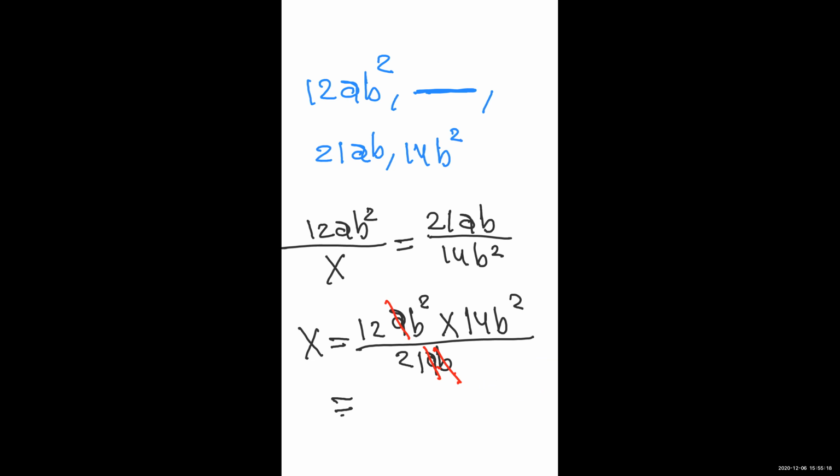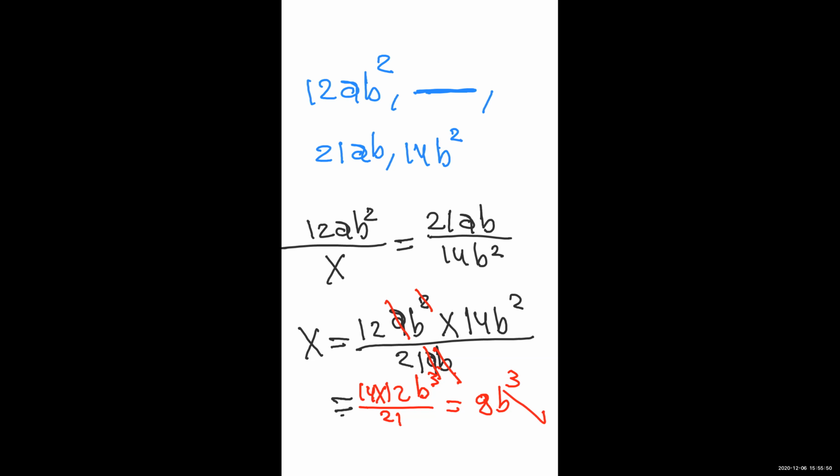So it will equal 12b times 14b squared over 21, so it will equal 8b power 3, right? Yes. Okay, great. So the right choice, guys, is letter B, I guess. Yes, B. Okay, 8b power 3.